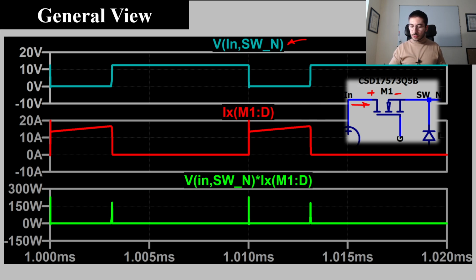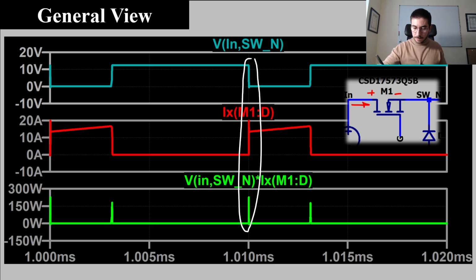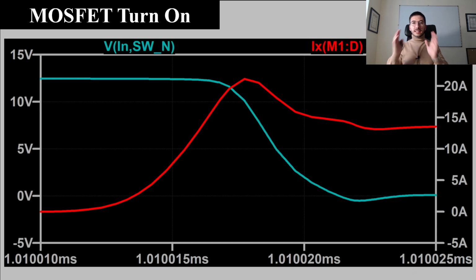So what we are going to do now is to analyze in detail each contribution to the overall power losses of the MOSFET. So we will start with the turn on process. If we check the turn on transition in detail, we will obtain something like this. Note that this is the voltage across the device, and this is the vertical axis of that voltage.